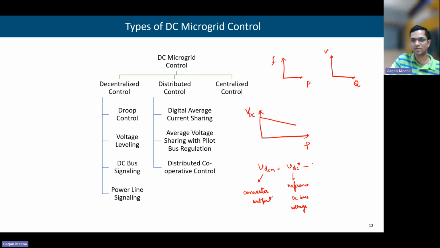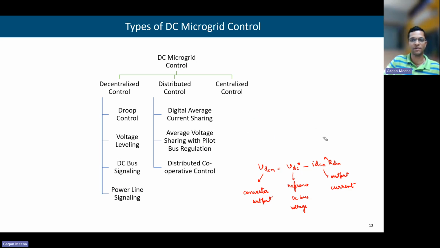And this is the output current and the virtual resistance. This is the droop, because we cannot have these two droops in DC. So for the DC microgrid, we take the droop between VDC and the power output of that converter.